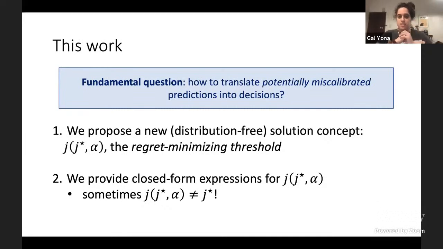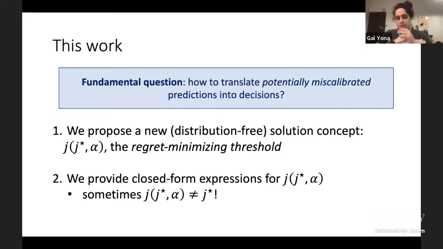As I'll discuss, it's a distribution-free quantity, so it doesn't depend on the underlying distribution. We refer to this as the regret minimizing threshold, J. I've emphasized in this notation that it's a function of both J star, the optimal threshold under alpha equals 0, or perfect calibration, and alpha, the anticipated level of miscalibration.